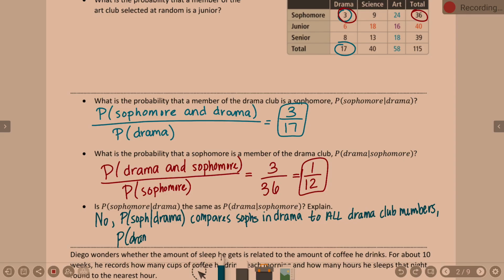Probability of drama, given they're a sophomore, well, it still does the same top, right? It still talks about comparing the sophs and drama. But this time it's comparing to all sophomores. So it's all about what that condition is.